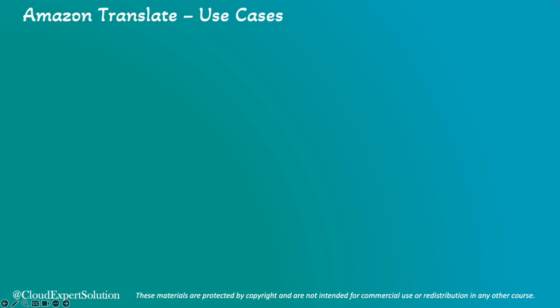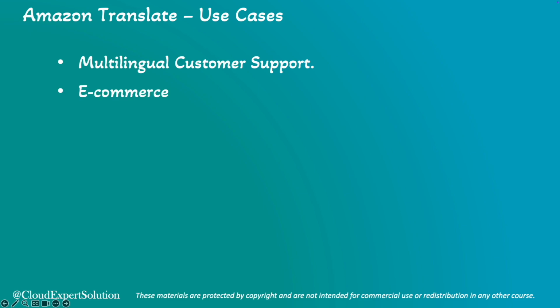Amazon Translate can be used in various scenarios like customer support. It provides multilingual customer support by translating customer queries and responses in real time. It can also be used in e-commerce to translate product descriptions and reviews to reach a global audience. I took an example of an e-commerce organization operating in different geographies like China, Middle East, India, and North America.